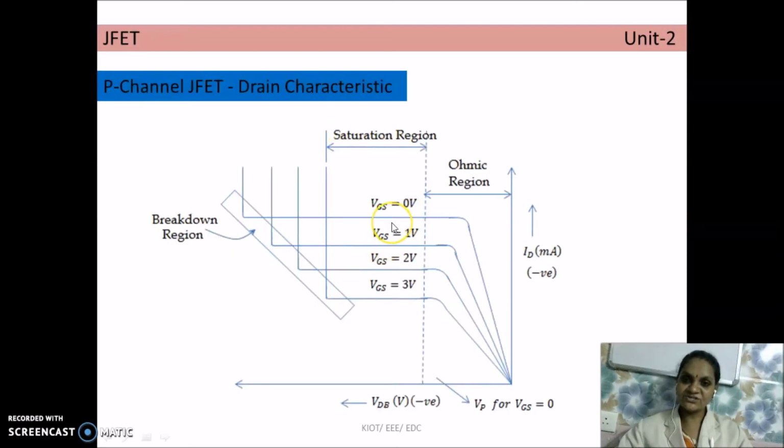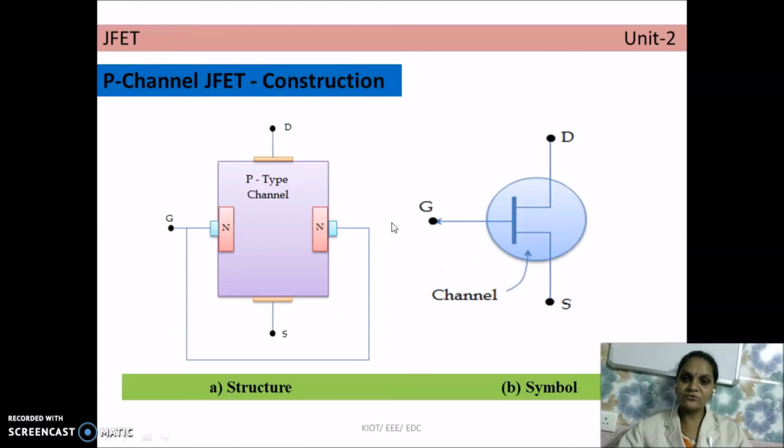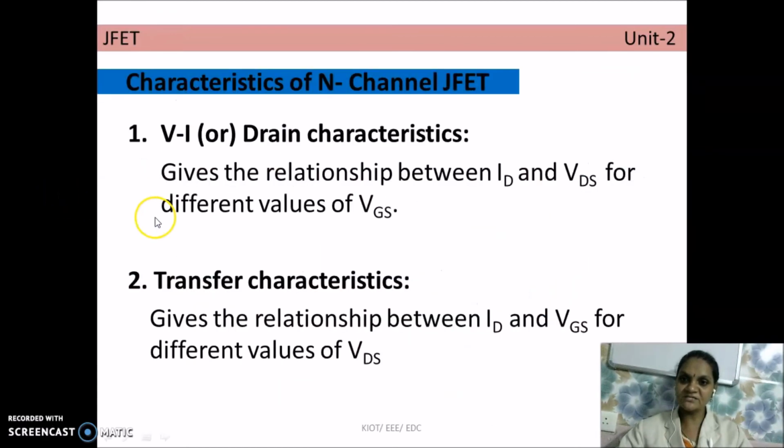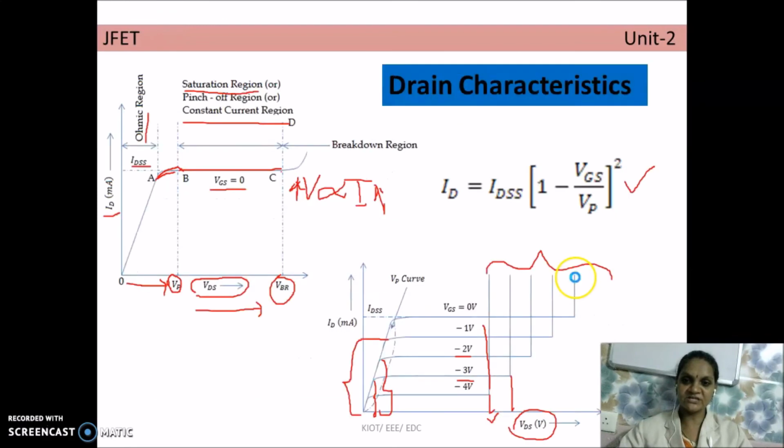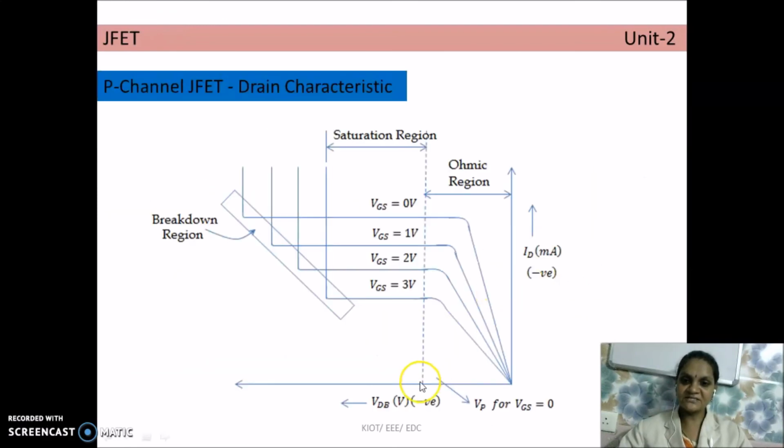For the construction and operation of the P channel, you can draw the same diagram as such. The only difference is that we have to change the polarity of VDD and VGS. VGS should always be reverse biased, and the drain terminal polarity should also be changed. Now consider the characteristics.